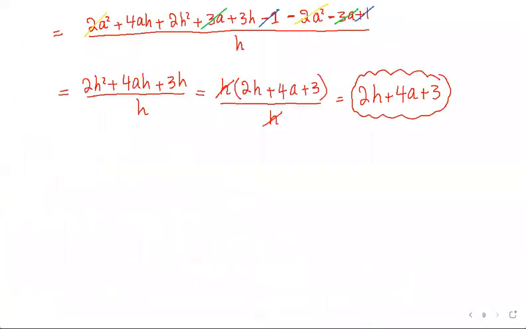After you distribute the minus, you find things cancel each other: the 2a squared with the minus 2a squared, the 3a and minus 3a, and the 1 and minus 1. After that, you get this, and this is from the first chapter: you can find the greatest common factor of the numerator, which is h, cancel it with the h in the denominator, and you get this. This is the final answer.